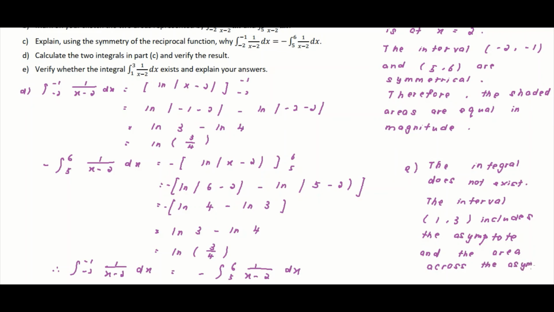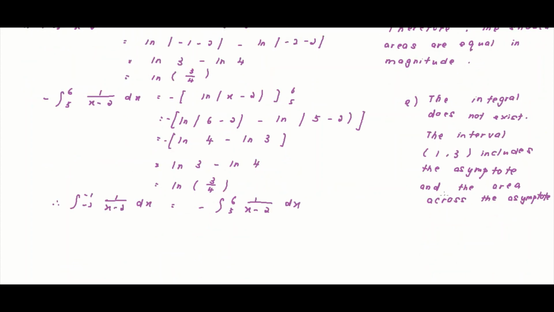All right, so this is how you answer. This question is for your understanding, for you to understand what you are doing. As I said, this is a basic skill that you need to pick up. We will be using all the skills combined with the future knowledge that we are going to learn, and that's where your partial question comes in. Okay, the area across the asymptote is infinite.